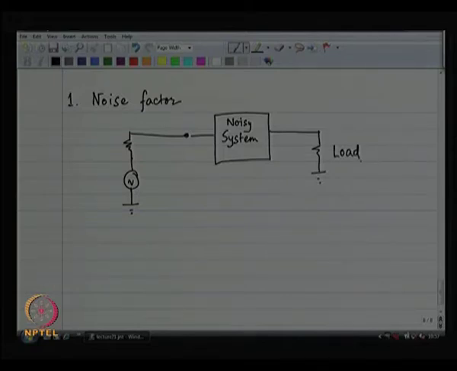Okay. So, what are the different noise sources here? If you want to analyze this complete system, the different noise sources that you have got are RS, all the noise sources in the noisy system, and the load.